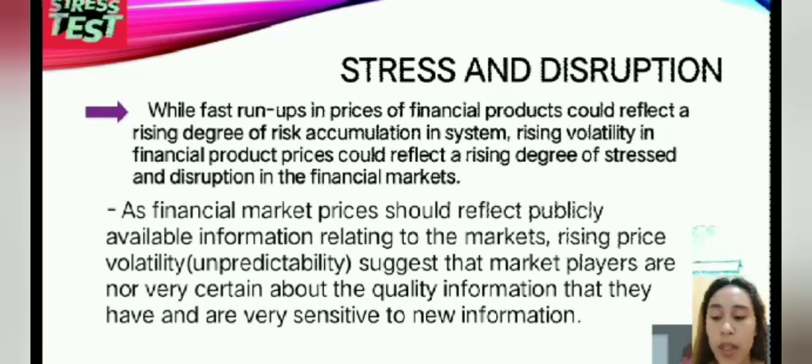As financial market prices should reflect the publicly available information relating to the market, rising price volatility or unpredictability suggests that market players are not very certain about the quality of information that they have and are very sensitive to new information.